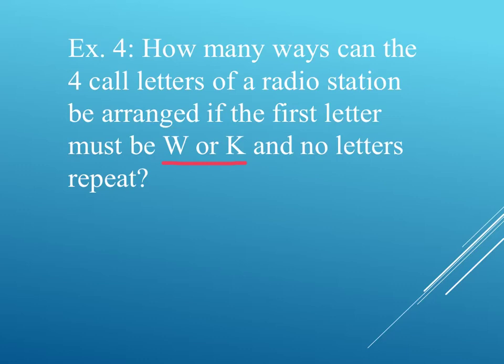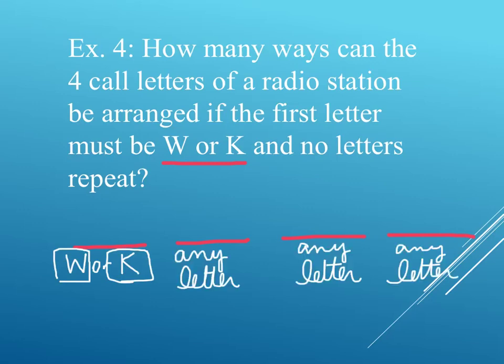And so we have 4 stages, 1 for each letter in the radio call acronym. And I know that the first one has to be a W or a K. But the rest of them can be any letter that I choose out of the other letters in the alphabet. So remember, each blank I'll put in there the number of ways that can occur.